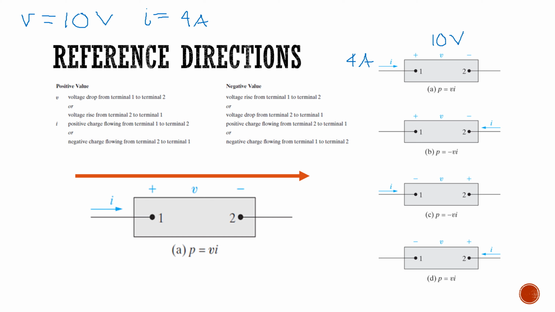So we're good here. Now here, in the second example, our current is entering at the negative terminal. So let's change the current to this direction. So our current would be a minus I now, which is equal to minus 4 amps. And our voltage here is 10 volts. We're not making any changes to the voltage.